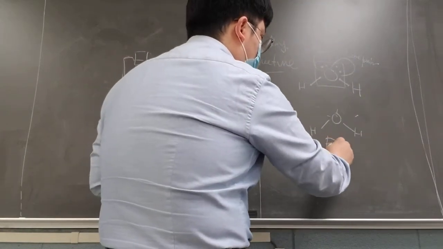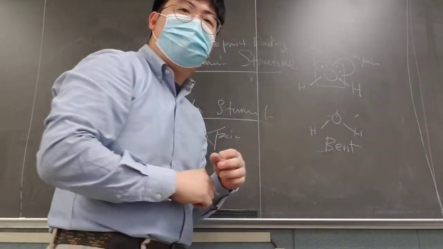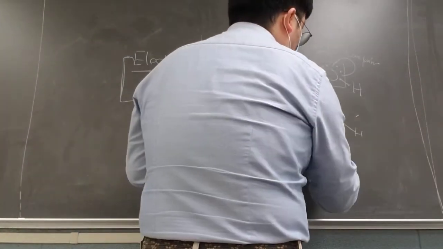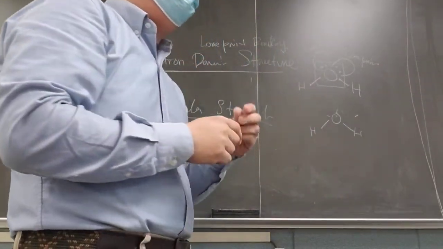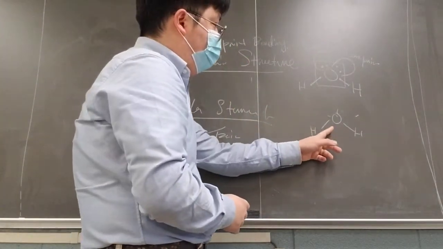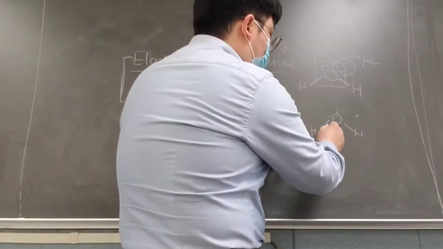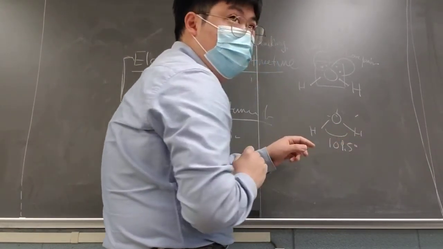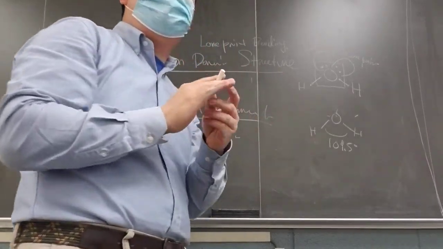We call this bent shape, it's just bent linear. So even though structurally speaking this will have a tetrahedral structure, this should be 109.5 degrees too.